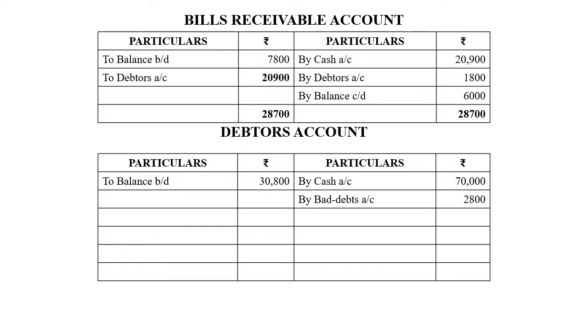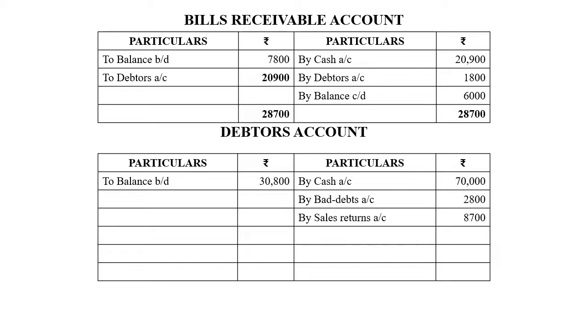Return inward means it is sales return. So journal entry sales return account debit to debtors account. In debtors account it is by sales return account 8,700.